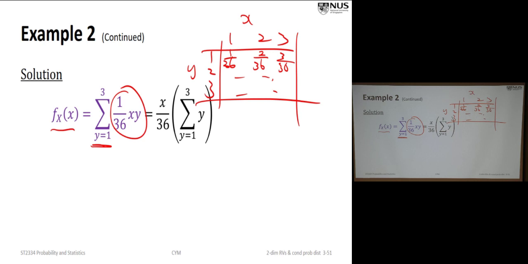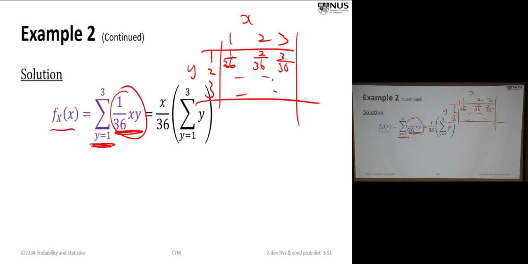So look at this. This is a general term. So every term will have 1 over 36. So it's a common factor. Not only that, because this sum is over y, in other words, x is fixed also. In the summation, that means in every term, the 1 over 36 and the x are the same. Only the y changes.